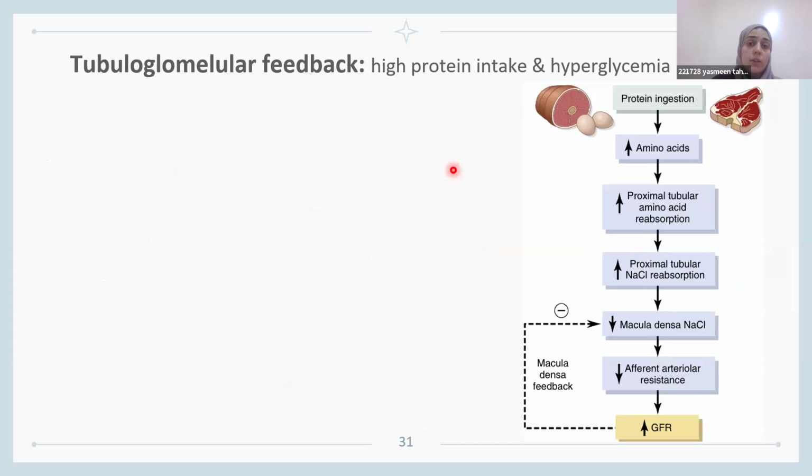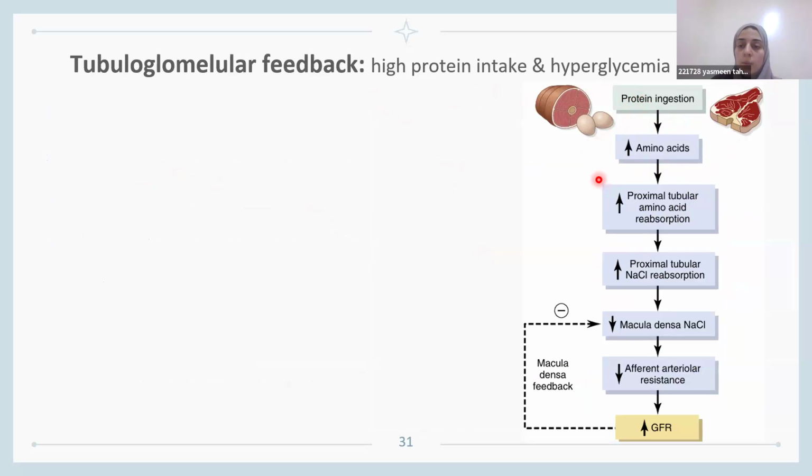Another effect from the tubules to the glomeruli is high protein intake and hyperglycemia. So when we have protein ingestion, what happens is we have higher amino acids. And these amino acids will bind to the proximal tubular, and will be absorbed in the proximal tubular.